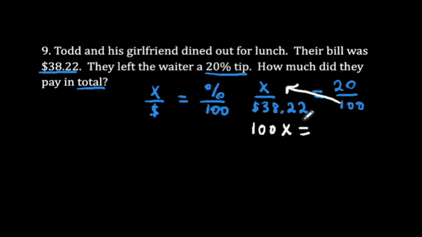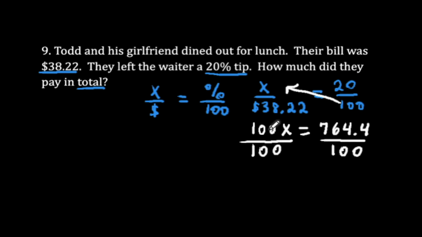And that is equal to 764.4. And then we're going to divide by 100. All right, so solving for x, we can move the decimal point 2 places over to the left.